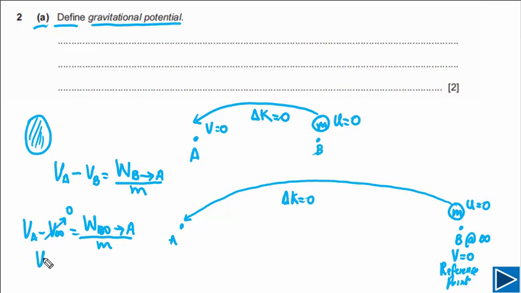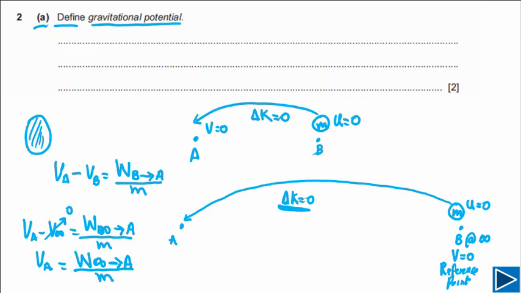So simply we can say VA is equal to the amount of work done per unit mass from infinity to A. This is how we can define gravitational potential. But one thing we need to understand is that this is equal to the amount of work done per unit mass to bring mass from infinity to that point without change in kinetic energy of the mass. So this is how we can define gravitational potential.